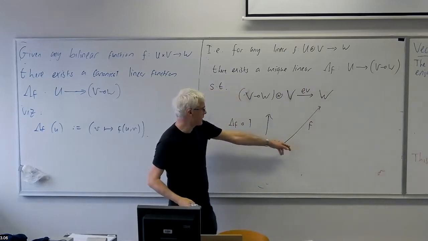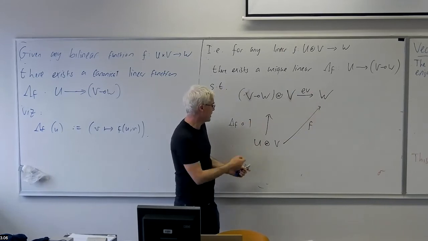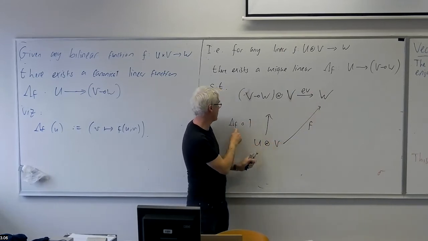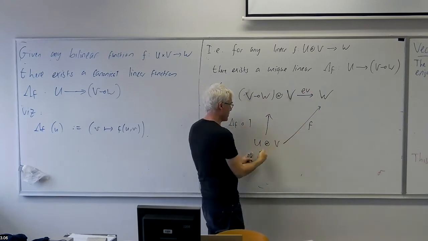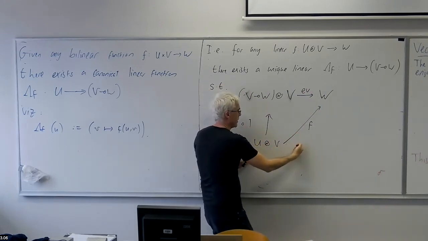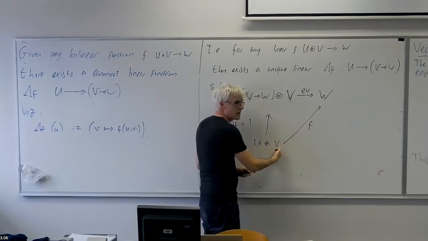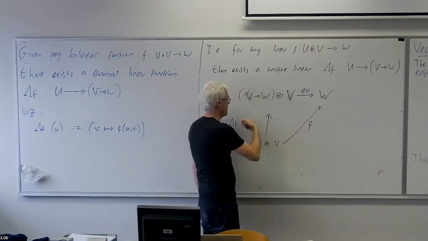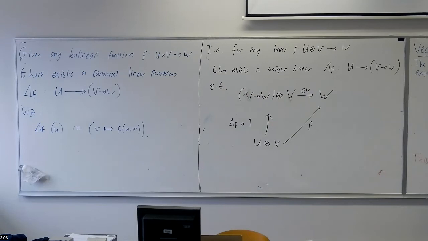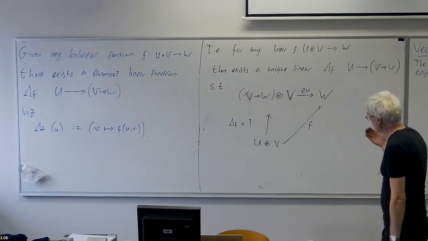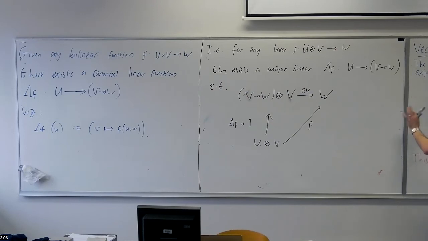The point is we start off with an F here, which we think of as a bilinear function. We can convert that bilinear function into a linear function, lambda f, that goes from U to this function space, this exponential, and it basically corresponds to the function that evaluates the arguments of f one at a time. So we take the first argument of f and map it to a function that takes the second argument of f and then evaluates it. Okay. So that's how things work. And this property characterizes this lollipop space in vector spaces.